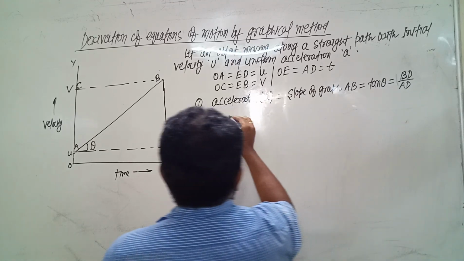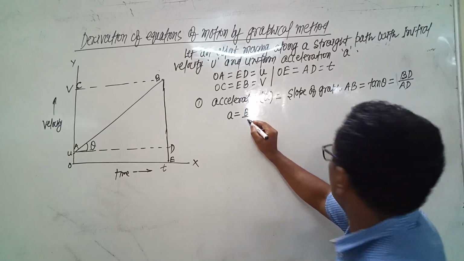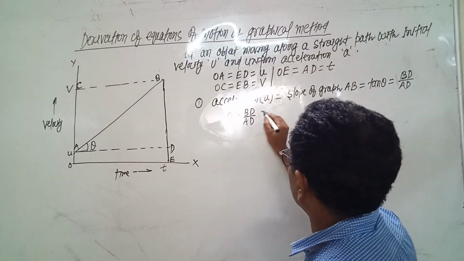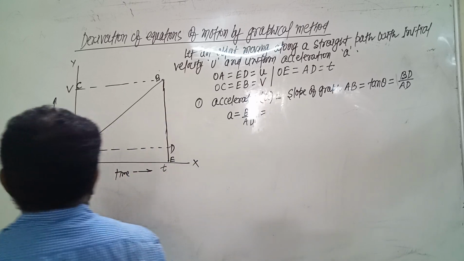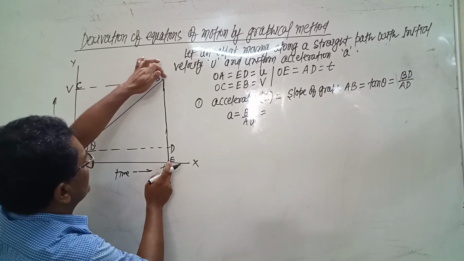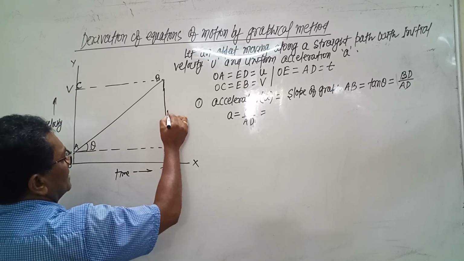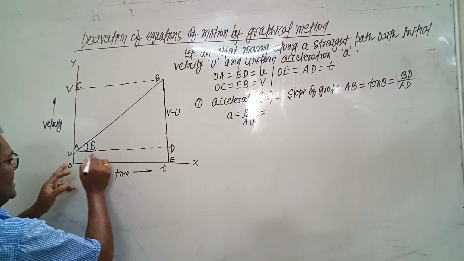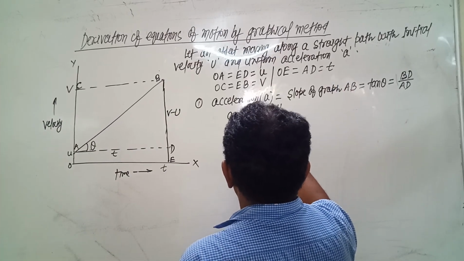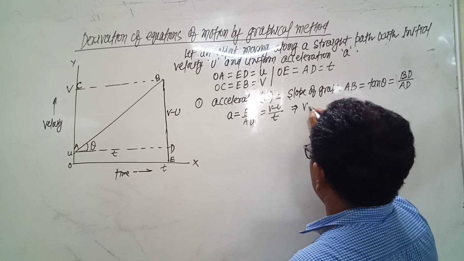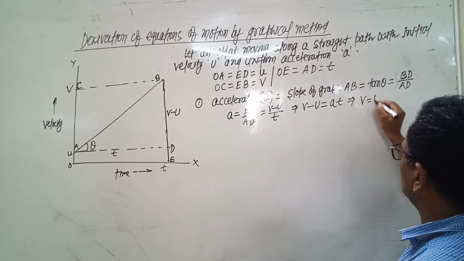It means a is equal to BD upon AD. Now BD is this much distance we have represented by V, and this much distance is represented by U. So BD will become V minus U, and AD is T. So a equals V minus U by T, and by cross multiplication V minus U must be equal to aT, and V equals U plus aT.